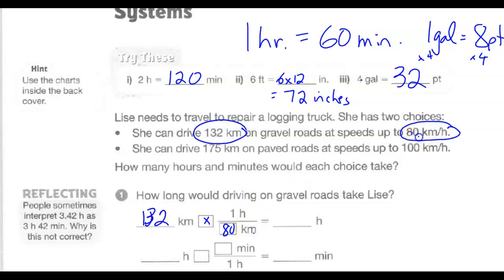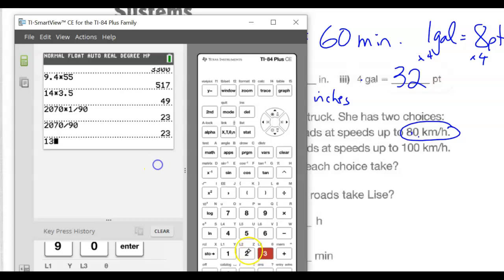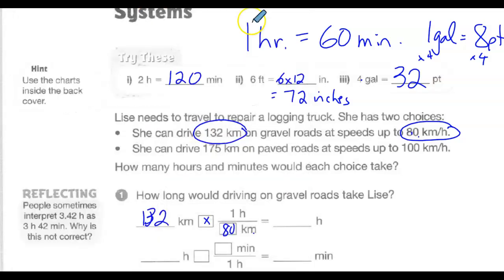So that's the reciprocal of this. And that's the same as dividing 132 by 80. So you can get your calculator out, go 132 divided by 80, and that's 1.65. Now that is in hours.